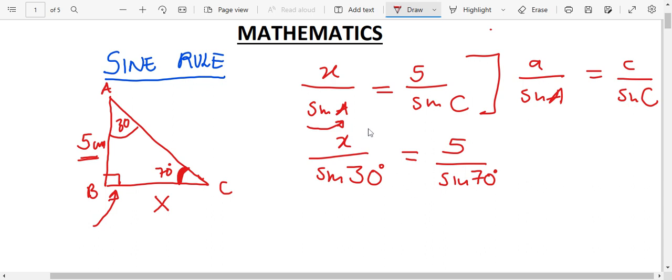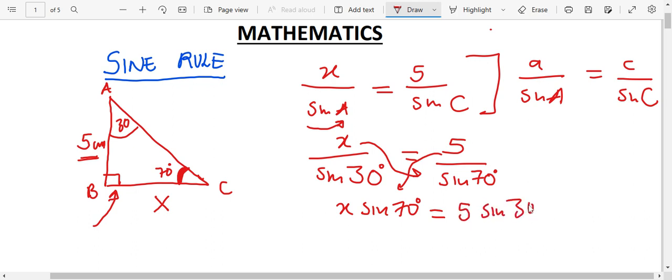So we want to find the value for x. So what I'm going to do is I'm going to multiply this by this. That is going to be x sin 70. And that is going to be equal to multiply 5 by this. That is going to be 5 sin 30.